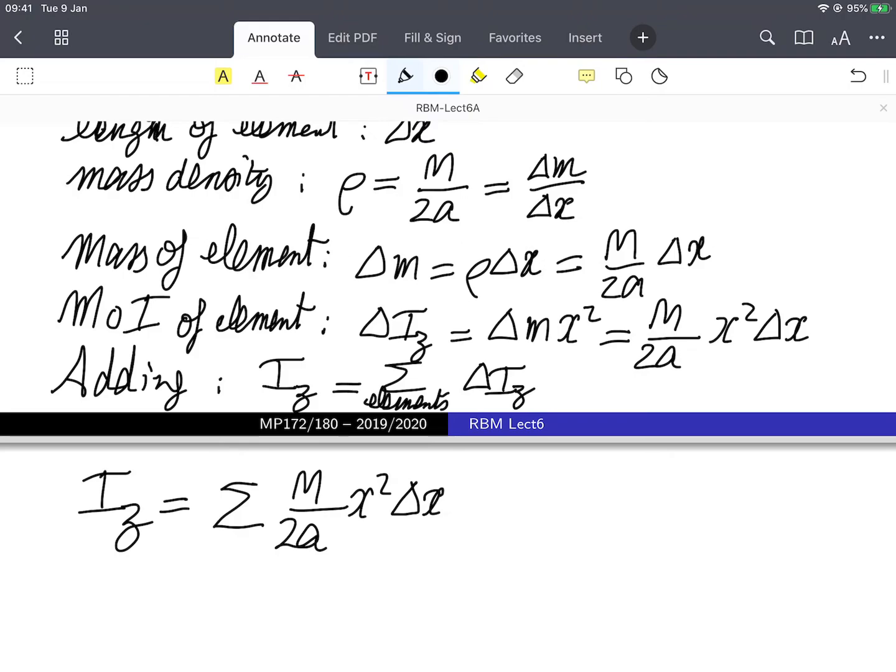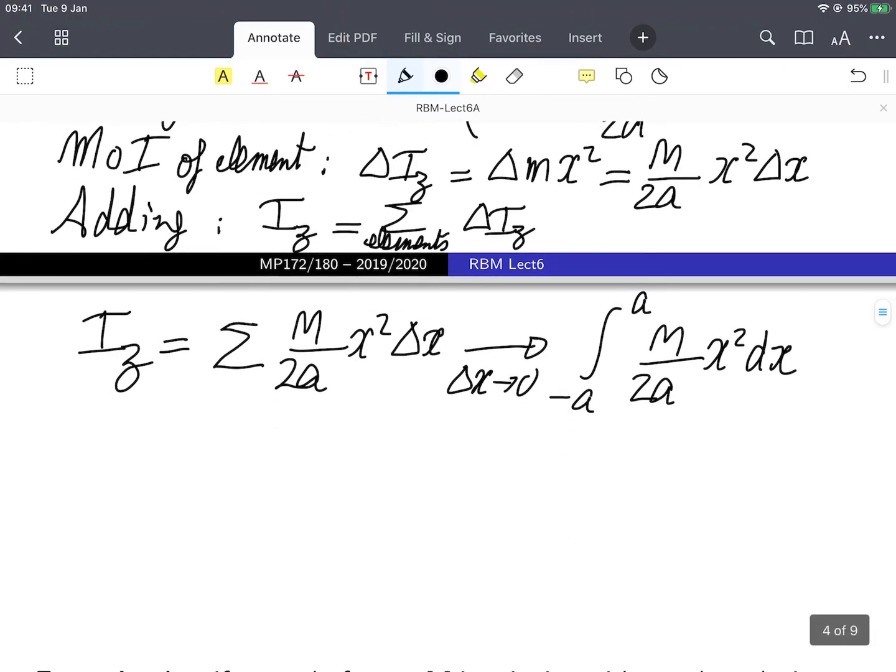If I take the width of the rectangle to go to 0, then the sum of the areas of all these rectangles is going to tend towards the exact area under the curve, which is the integral. So here I'm integrating from minus a to a, m over 2a x squared dx, and then that's easy to compute.